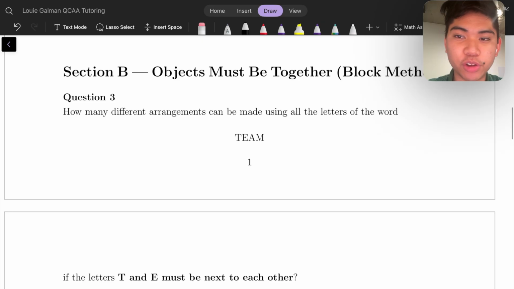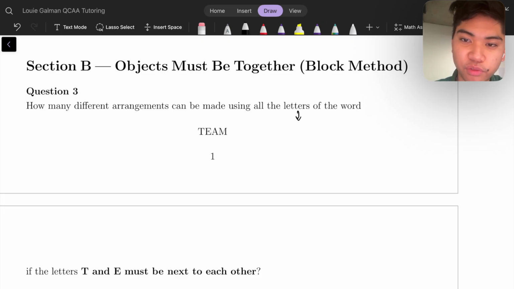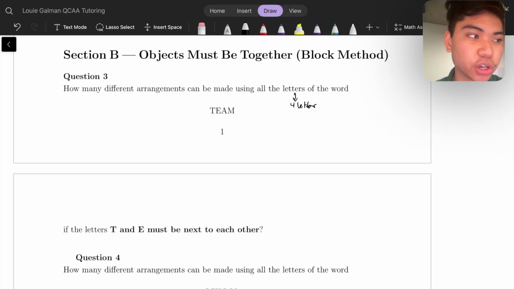However, if we look at section B, where objects must be together, our block method, then question 3 asks us how many different arrangements can be made using all the letters of the word team. So that's going to be 4 letters, if the letters T and E must be next to each other.